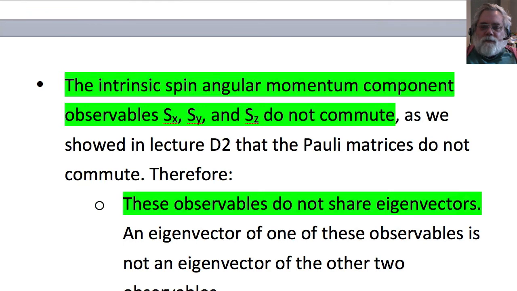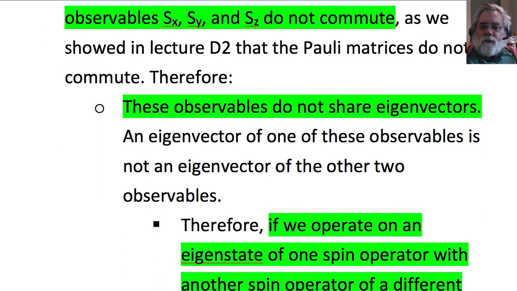The intrinsic spin angular momentum component observables, Sx, Sy, and Sz, don't commute, so they don't share eigenvectors. We showed that they don't commute in lecture D2. We showed that the Pauli matrices do not commute. So these observables do not share eigenvectors.